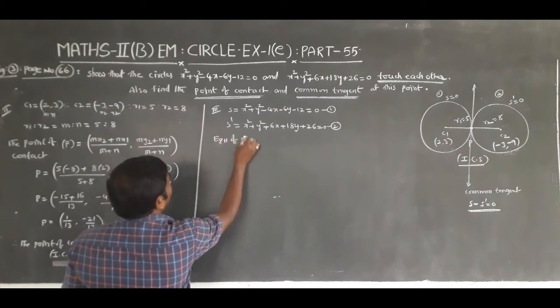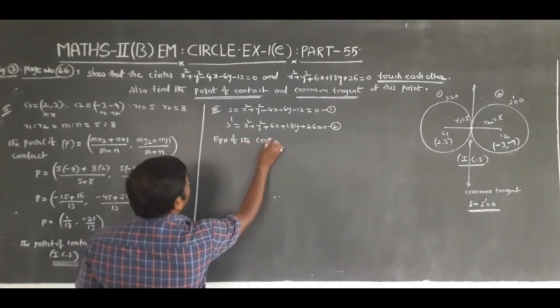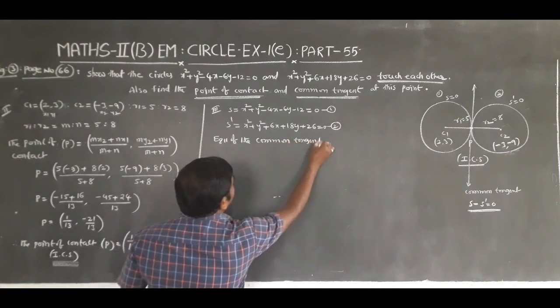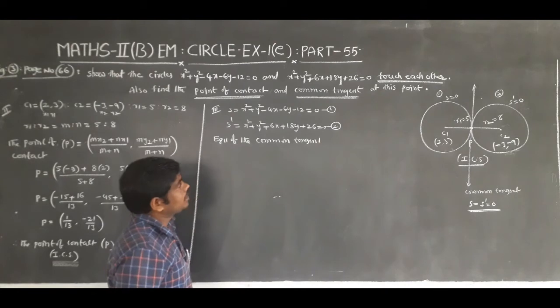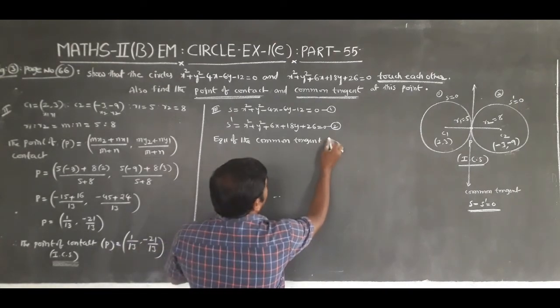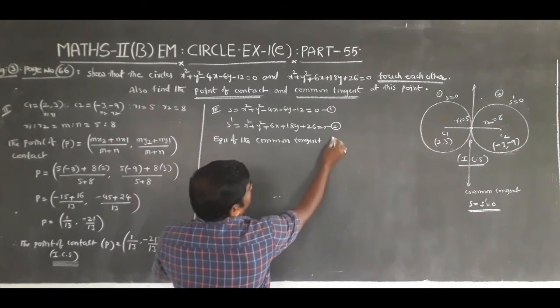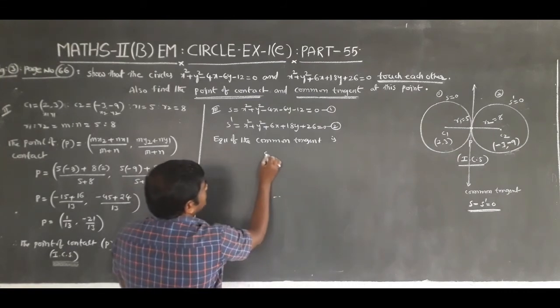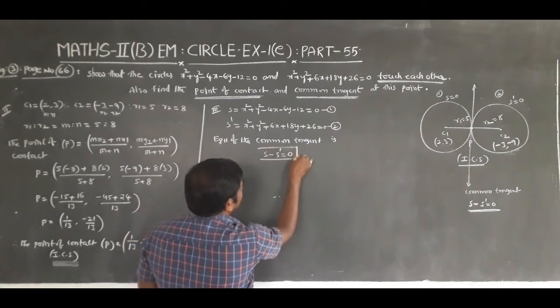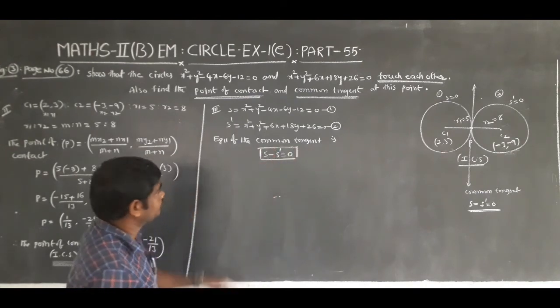The equation of the common tangent is S minus S dash is equal to 0.